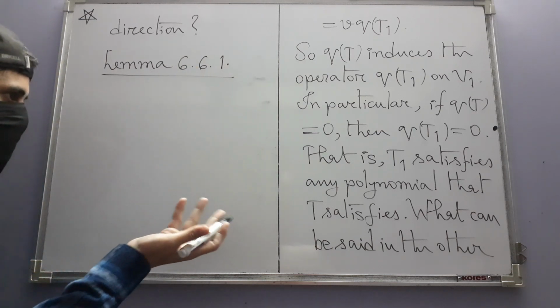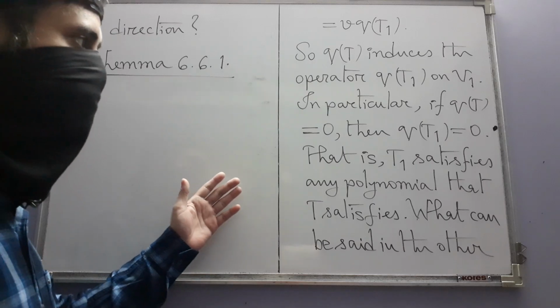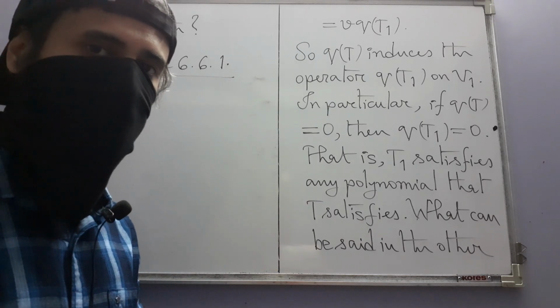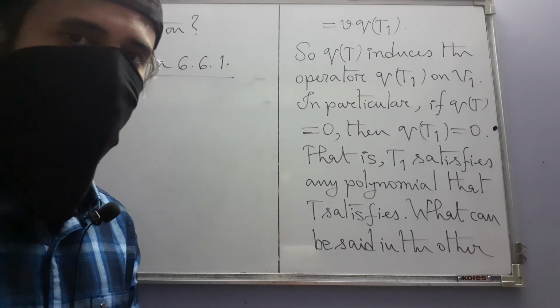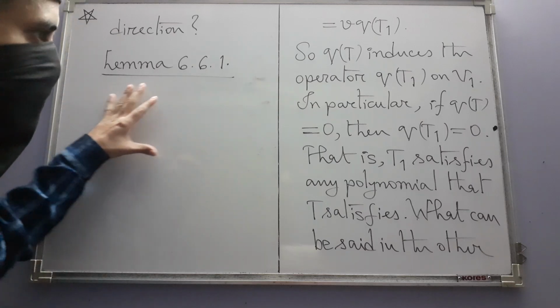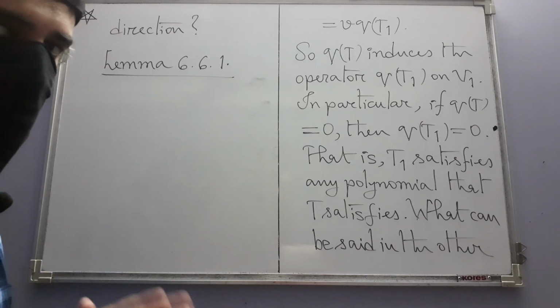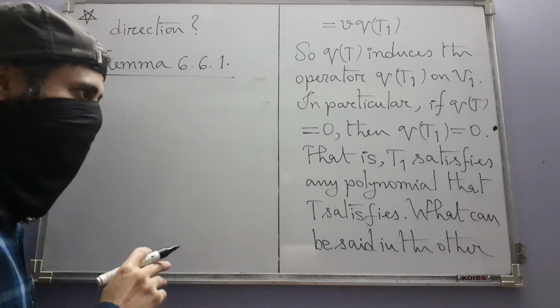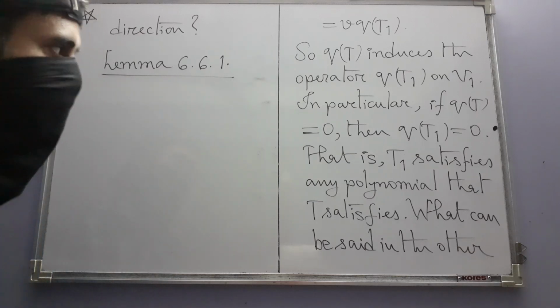So the setup is same. V is a finite dimensional vector space and T is a linear operator on V. So the author is not again going to repeat these things, okay. The statement is not like that. It's understood that these things are already there.